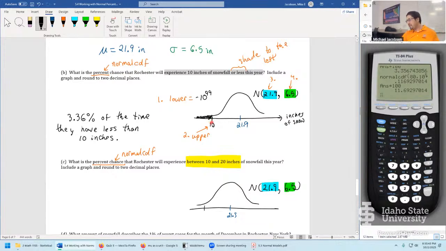So 10 inches was, again, pretty far to the left. 20 inches is getting really close to the mean. So there's 20. And this time we shade between. The shading goes like this. So shade between.